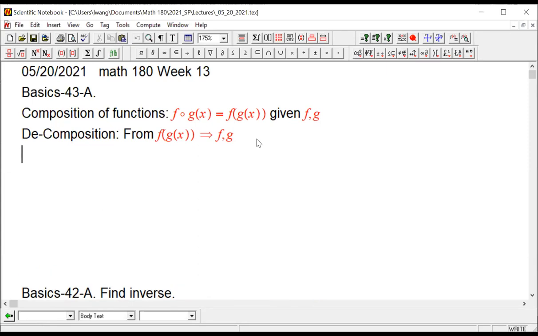First example: the cube root of 1 plus 4x. Most of these exercises I have given you here, including 43A, 43B, I would say 99% of them are from your calculus textbook.